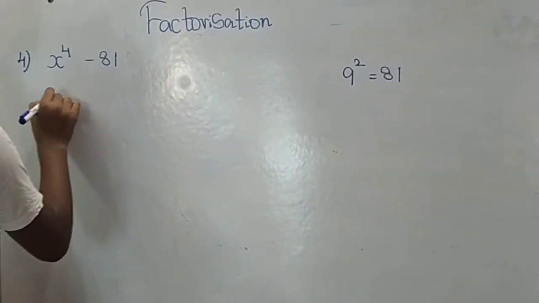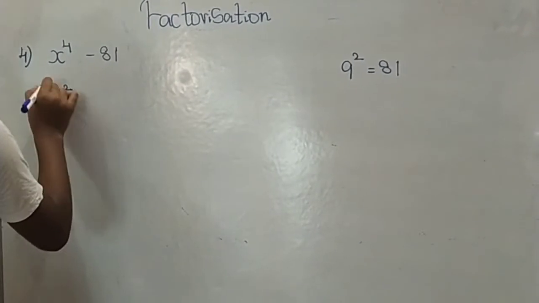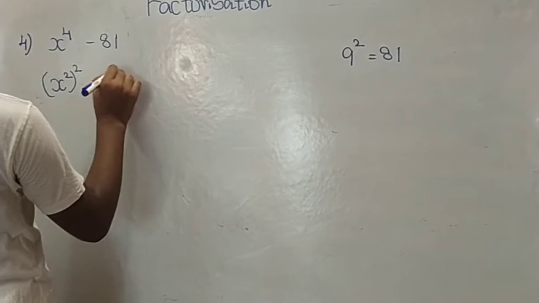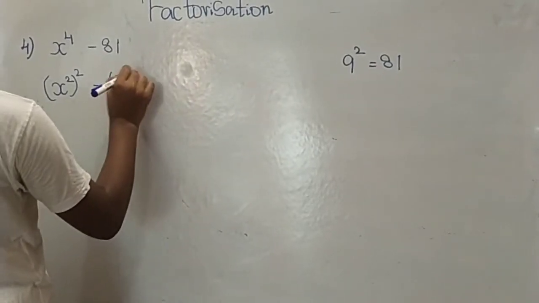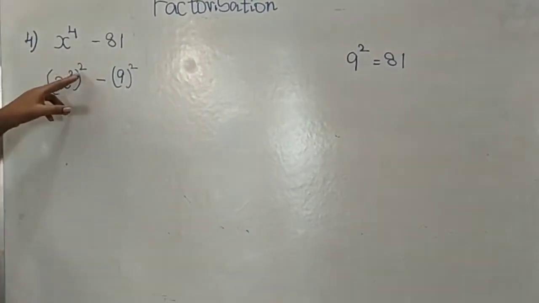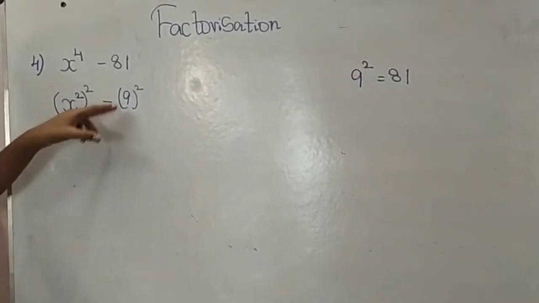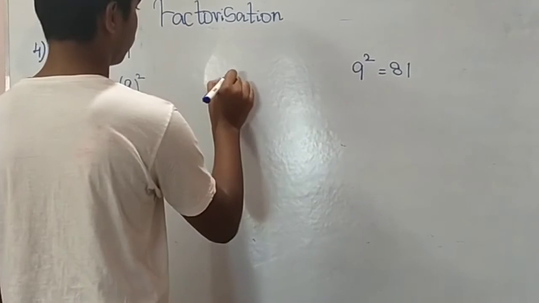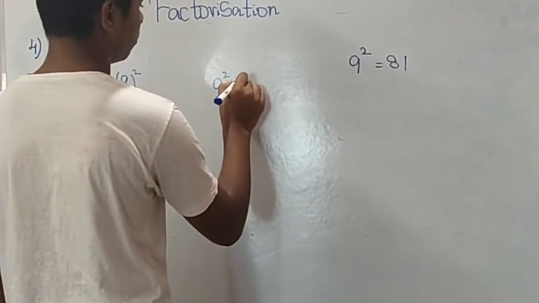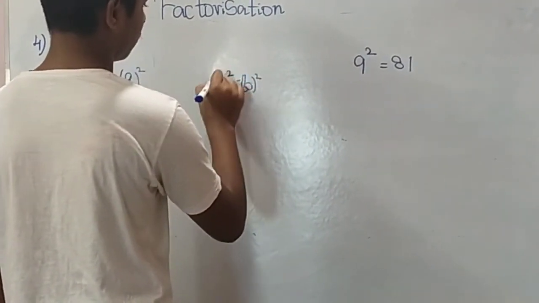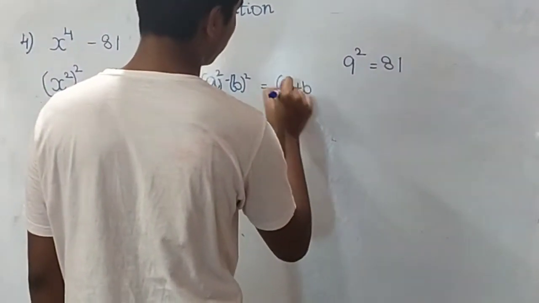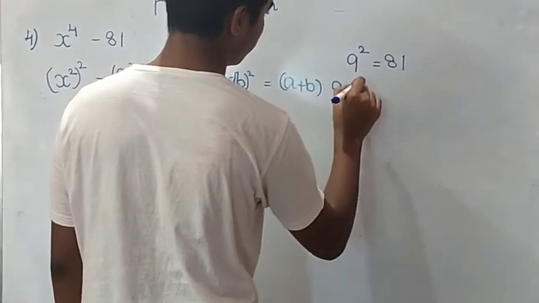Here (x square) whole square minus (9) whole square, because x square whole square is x power 4 and 9 square is 81. Now this is in the form of a square minus b square, that is a plus b into a minus b.